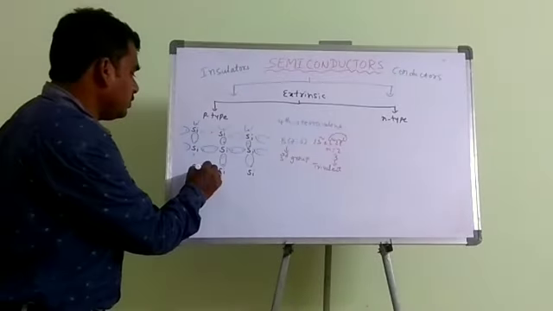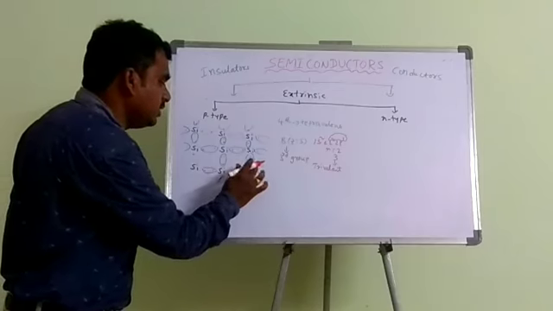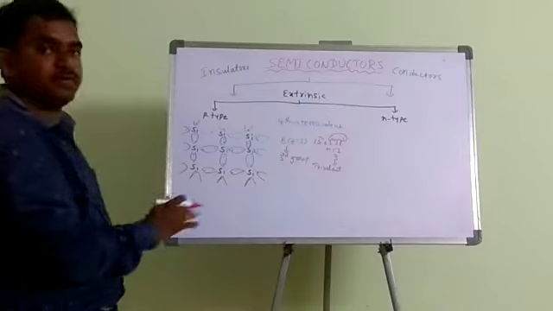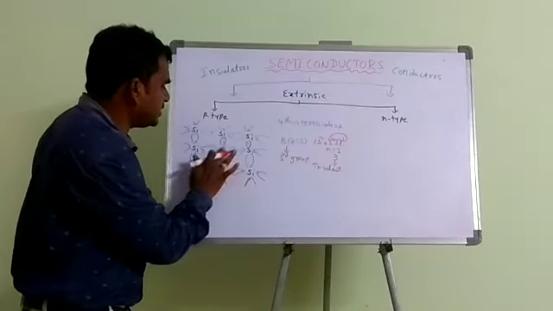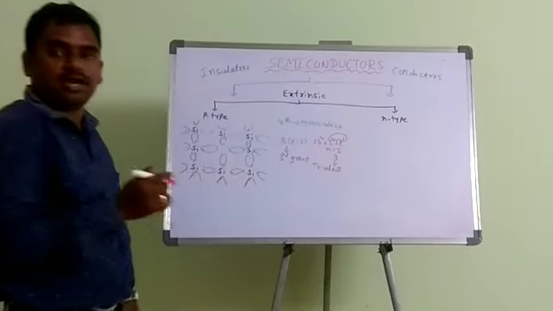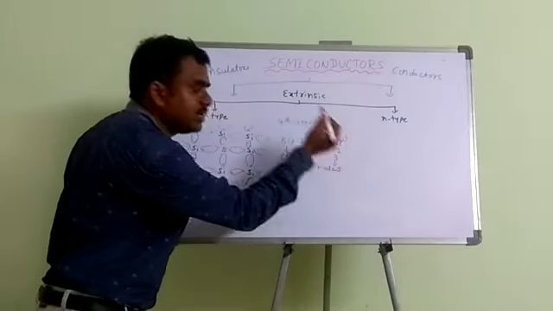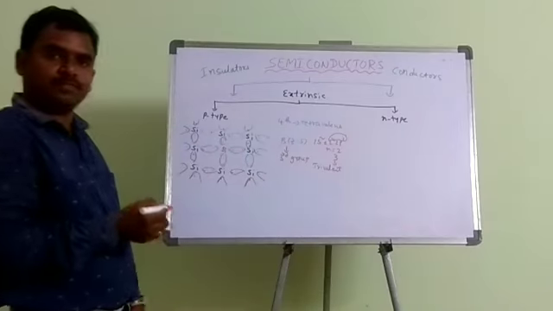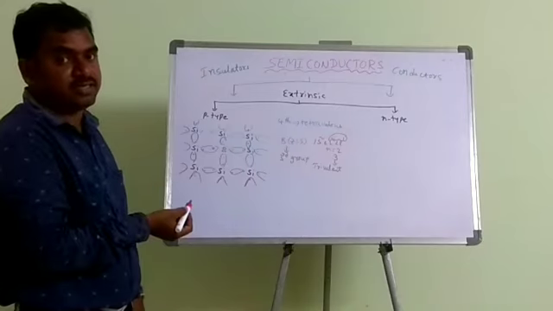Now, if you dope with boron, just for understanding I am replacing this silicon with boron. But boron has how many free electrons? 3. What about this position? Is a hole created there or not? Yes.